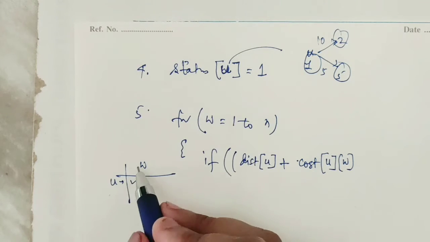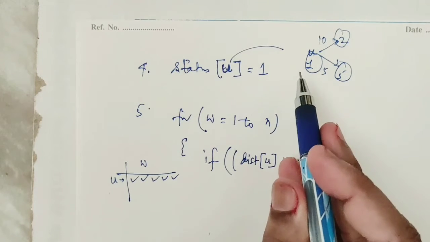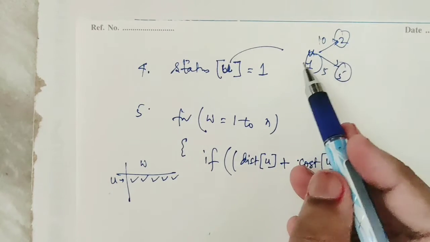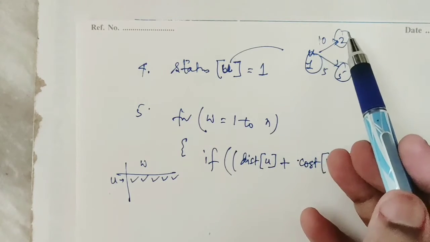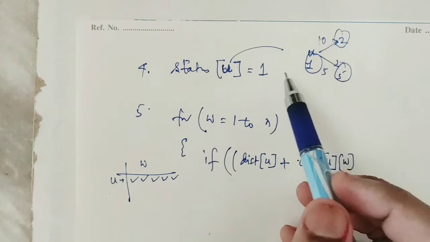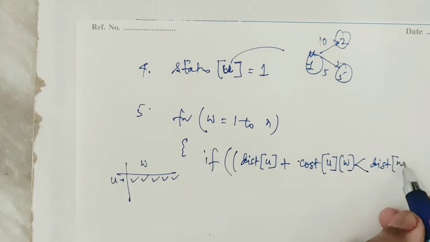So using UW, you can identify who are the adjacent of U. So dist of U, its D parameter value, plus cost of UW is less than the shortest path estimate of W, that means less than dist of W.